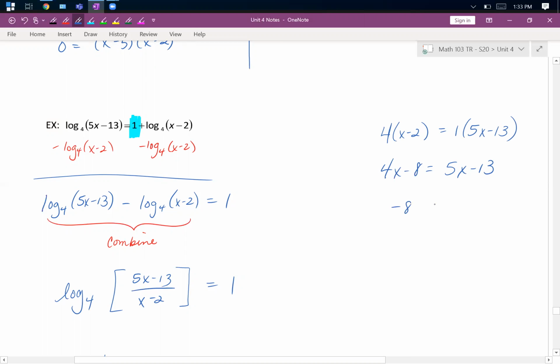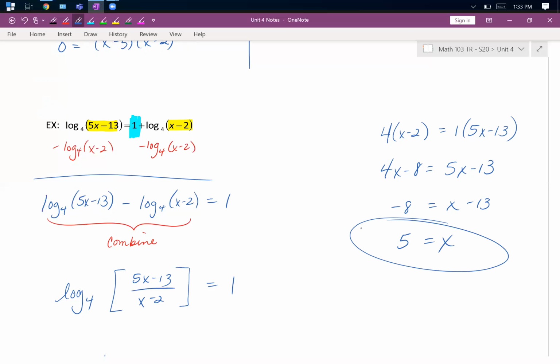Moving our x's to the right and our constants to the left, we get x equal to 5. But remember, we always have to check our answers in our original argument. Be sure that when you plug it in, you only get a positive. Does 5 work? Sure does. Yes. Questions, anybody?